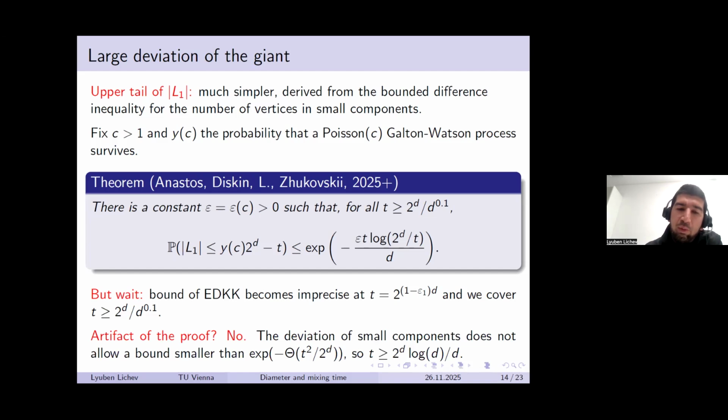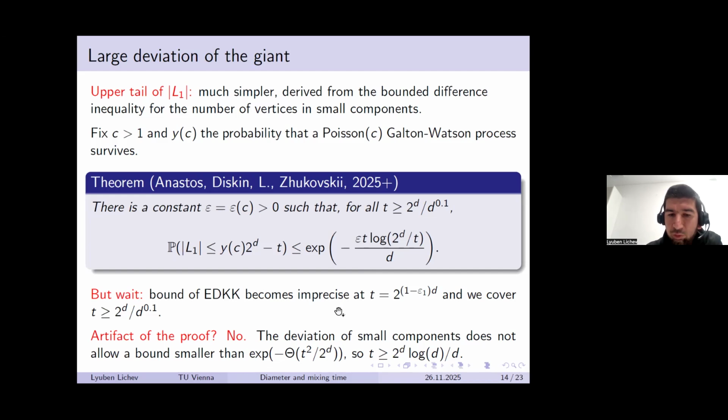And one could say, okay, maybe this result can be improved. So the lower bound on t is not this one, it can be made much better. But this is unfortunately not true, because the deviation of small components does not allow this. Our bound here cannot be smaller than something which comes from the deviation of small components.